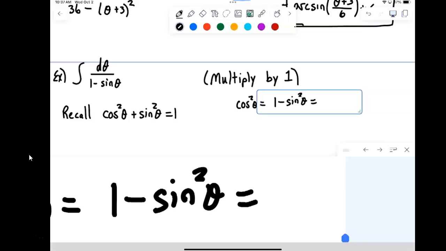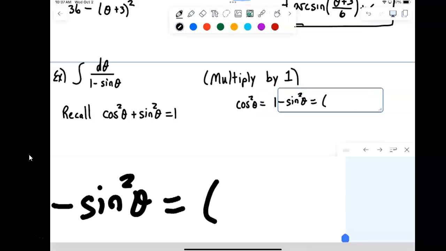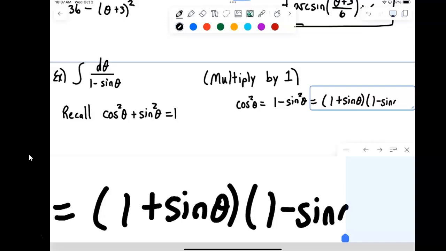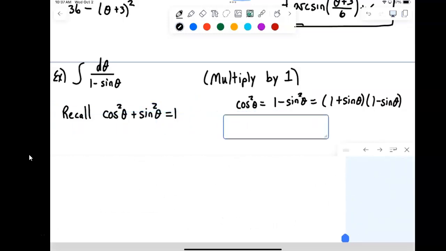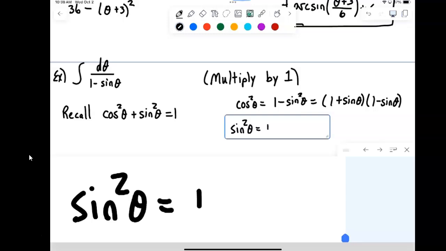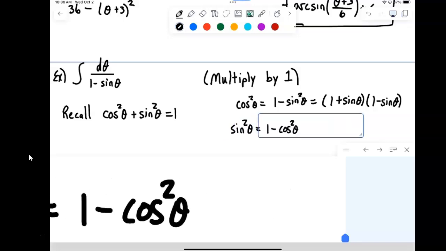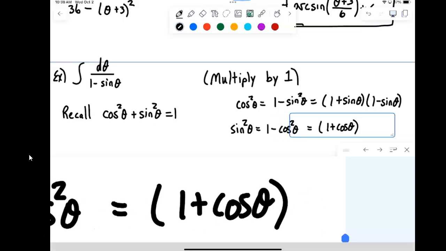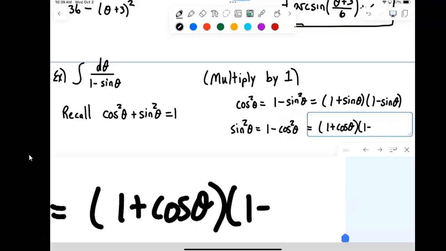But 1 minus sine squared theta can be factored as a difference of squares. And likewise, if you had solved that equation for sine squared, you'd say sine squared is 1 minus cosine squared, which you could factor as a difference of squares: 1 plus cosine times 1 minus cosine.